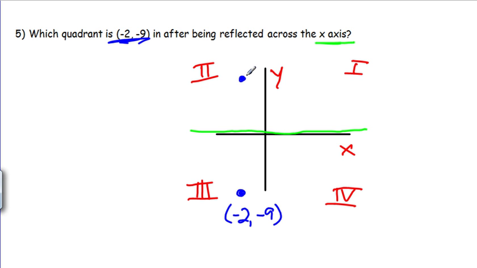Did it move from left to right? No, it's still in the same spot. It's still -2. We look at our y coordinate. Did y change? Yeah, y changed a lot. It went from all the way down here to all the way up here. Since y is above the line now, it's in the positives. So instead of being -9, it is now +9. So our new coordinates are -2, 9.